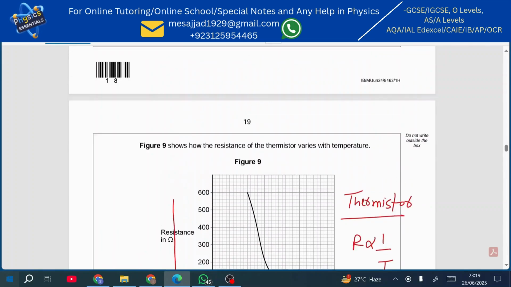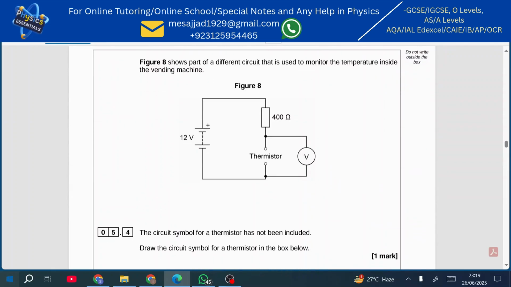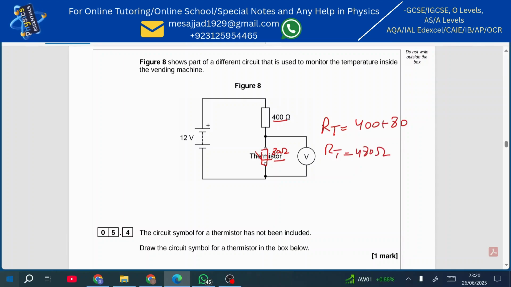You need to connect a thermistor here, and its resistance is 80 ohms, and you can see that 480 and 80 ohms are connected in series. First you need to calculate the total resistance of the circuit, and since they are connected in series, you add them straight away, and the total resistance is 480 ohms, and the voltage that you have here is 12 volts.